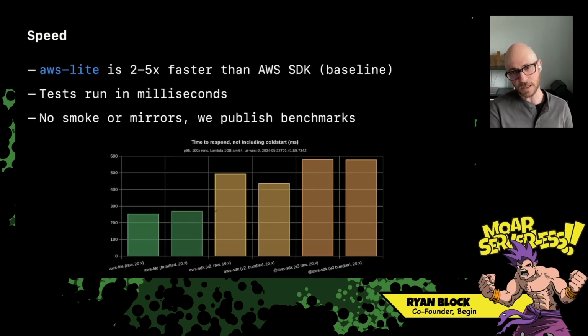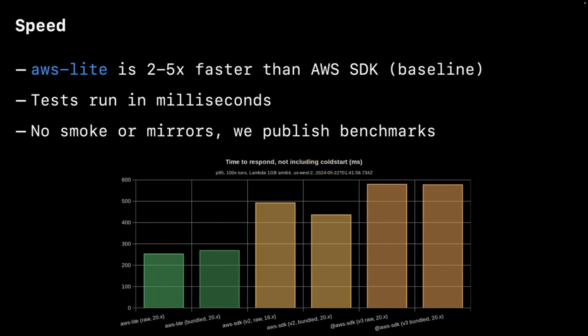So let's talk about speed. This is one of the biggest reasons why we did this. It's not the only reason, but we felt that this could be done faster, and it is. So we published benchmarks. When I was first bringing up the project, I put a lot of time and effort into a benchmarking suite. We didn't want to just make claims. We wanted to be able to prove with science, no smoke and mirrors, just how much faster this stuff is.